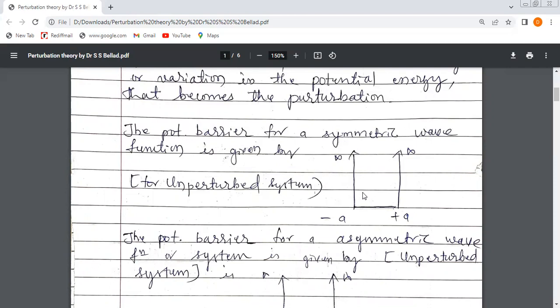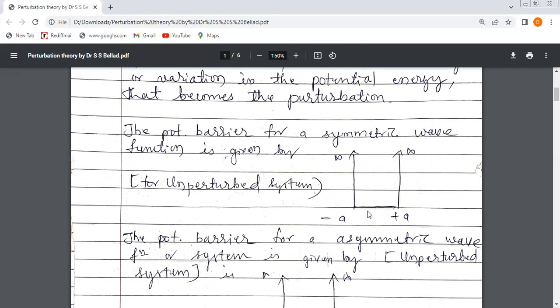So the potential barrier of a symmetric wave function. Symmetric wave function means when the states are exchanged, then there is no change. That kind of wave functions are called symmetric wave functions. So a symmetric wave function is shown like this.